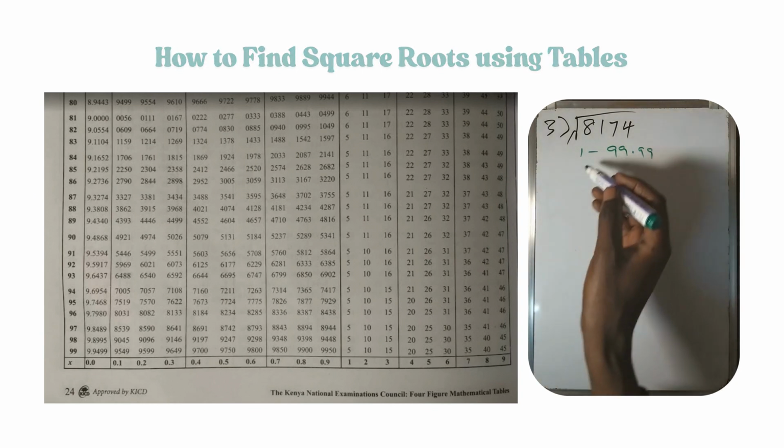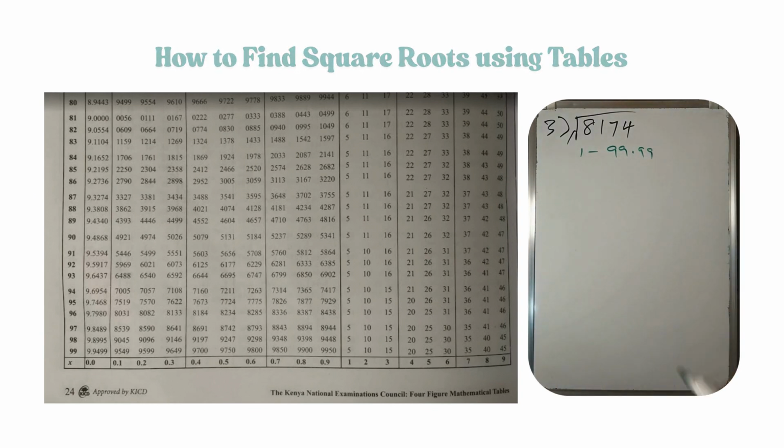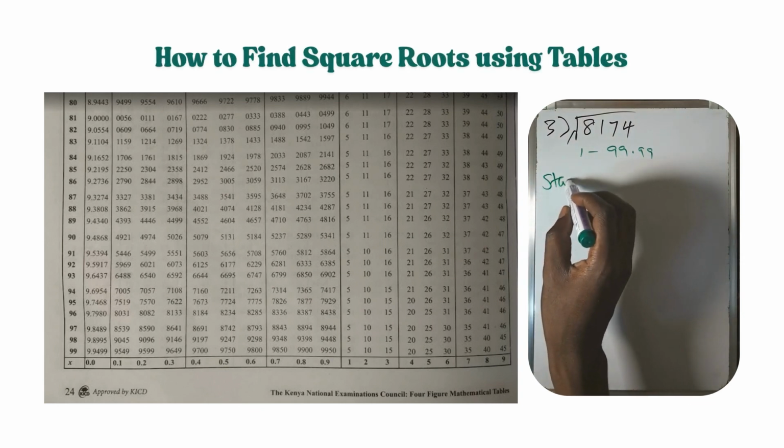So if it's less than 1 or greater than 99.99, we have to transform it into standard form.